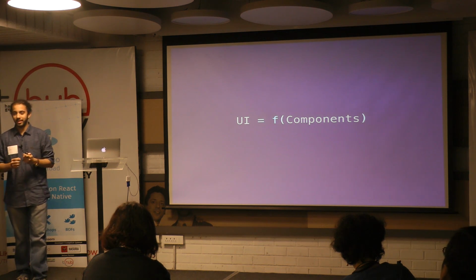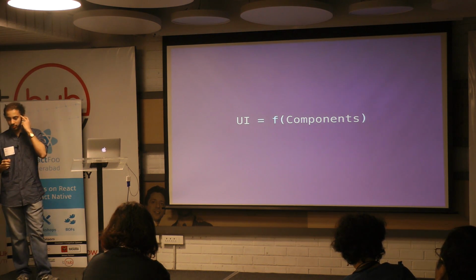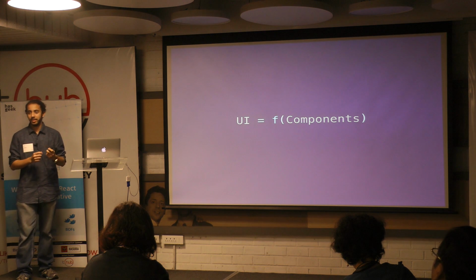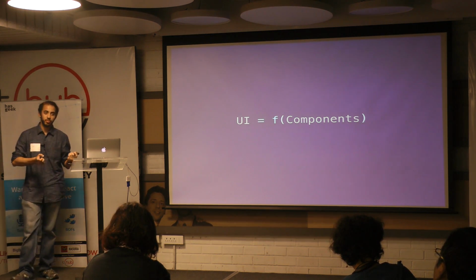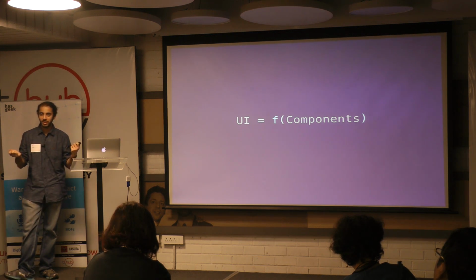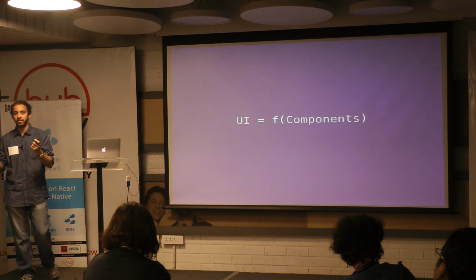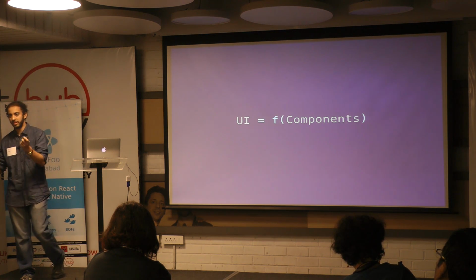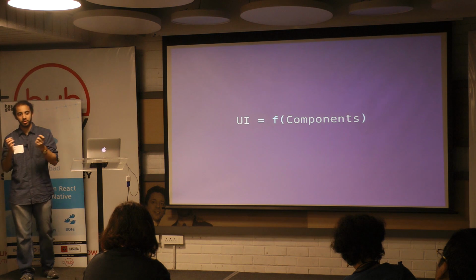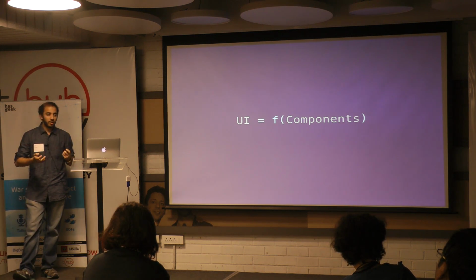So if you look at the entire architecture, or the way you make React apps, you can see your entire page or your application is a function of your components. You have different components which are stitched together, and they talk to each other through maybe the state of your app or with the help of some store.